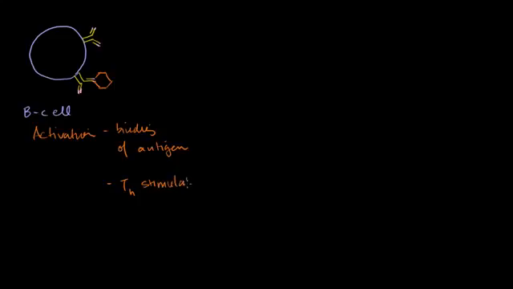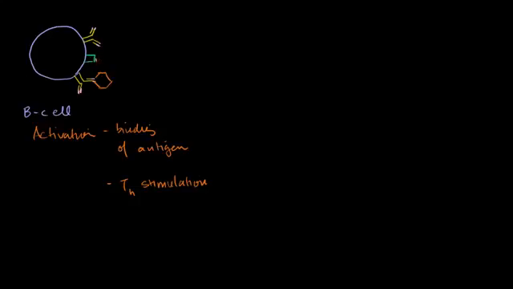And you might say, where does the helper T cell stimulate this guy? Well, B cells are also antigen-presenting cells, so it will suck the pathogen in, break it up, and present it on an MHC2 complex. Let me do it someplace where I can draw a T cell coming in. Let's say this is an MHC2 complex. This guy gets cut up, and part of him gets presented right here.